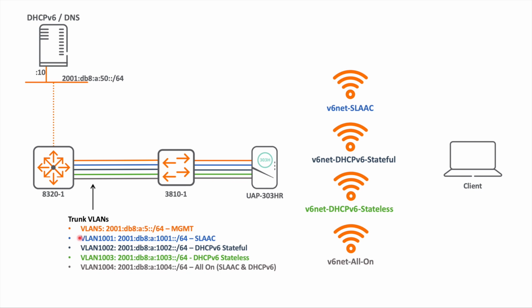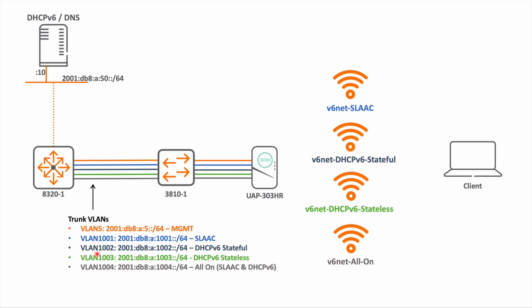And if you look here, what I've done is the first one is just for management, the next 4 are the interesting ones. So VLAN 1001, for example, with this prefix here, 2001:DB8:A:1001::/64, I've set the configuration up on the CX device for SLAAC. So the clients will generate their own globally routable addresses when they connect to this VLAN.